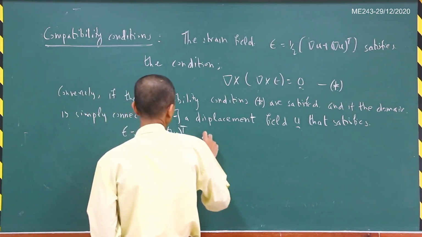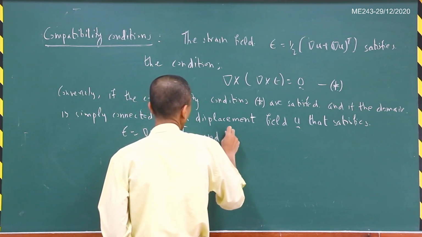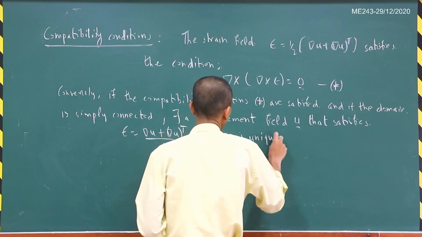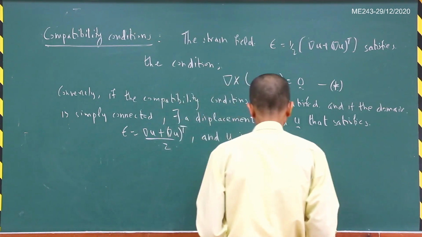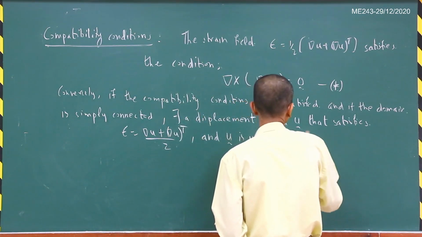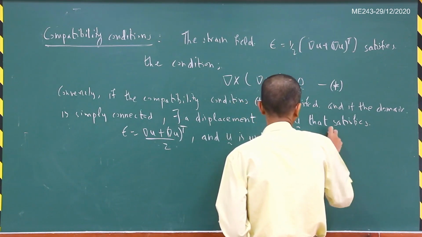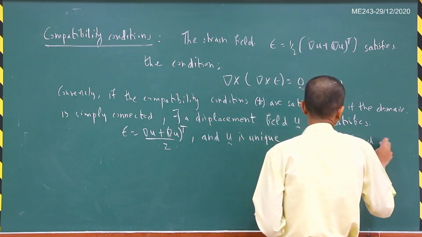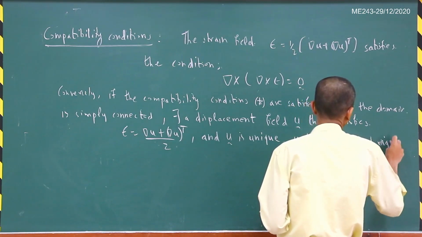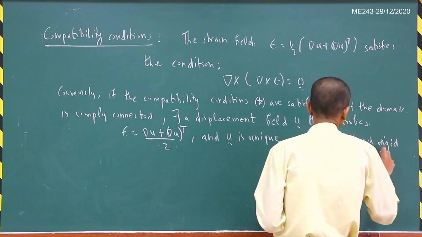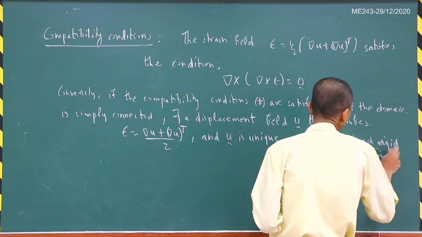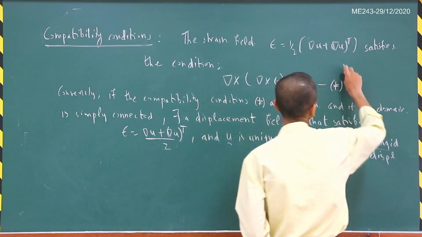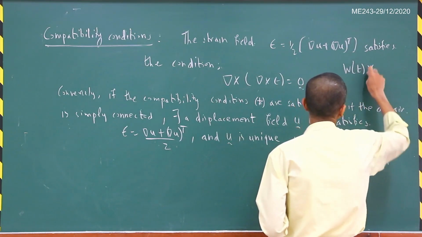And this field is unique, and U is unique up to a linearized rigid displacement. Up to a linearized rigid displacement means we can add that W of t times x plus c, right?